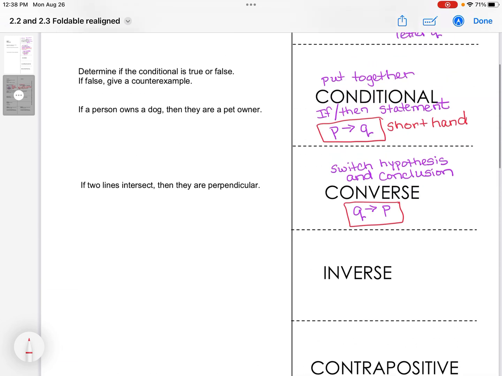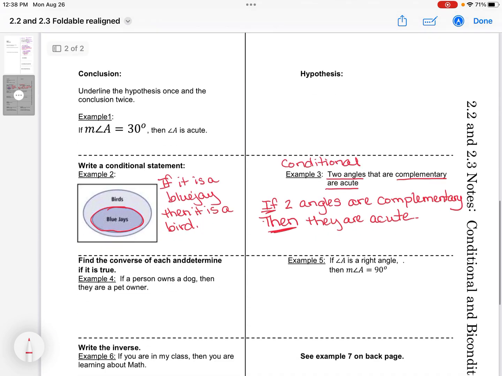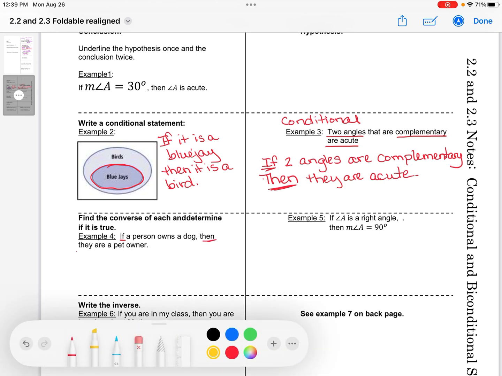Now let's do converse, which again, this is what we said up here. We're switching the hypothesis and the conclusion. So example 4, it's weird the way this is done. Okay, if a person owns a dog, then they are a pet owner. We're going to switch these two parts.